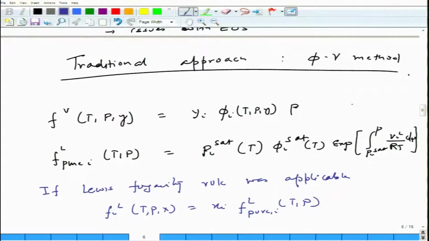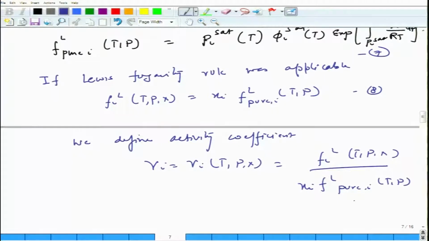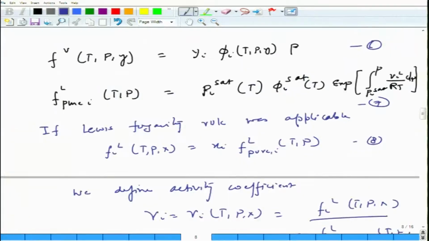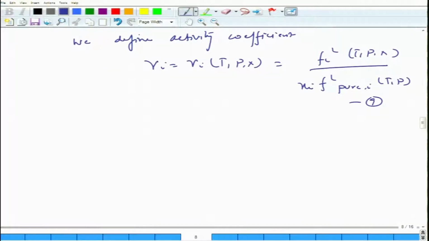This is equation 6, 7 and 8, and this is basically 9. Yes, the Lewis fugacity rule becomes the basis for getting Raoult's law. It tells you the system behaves like an ideal system. Now, given this expression of gamma, you can write fiL as nothing but xi gamma i times the fugacity of pure liquid i at T and P. Since it is pure, that is why there is no composition.